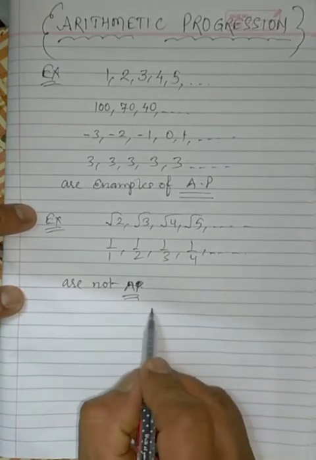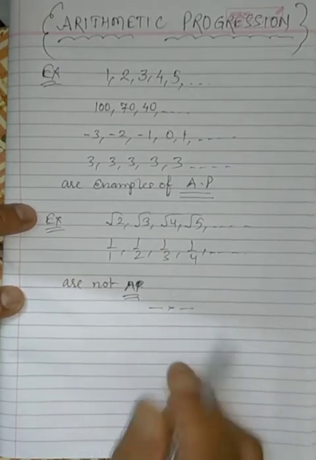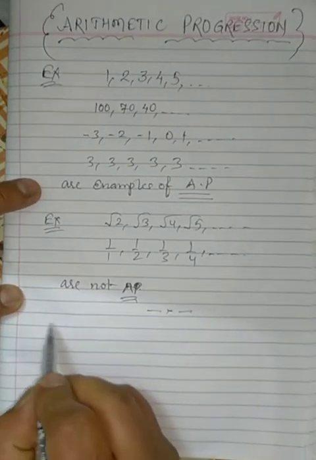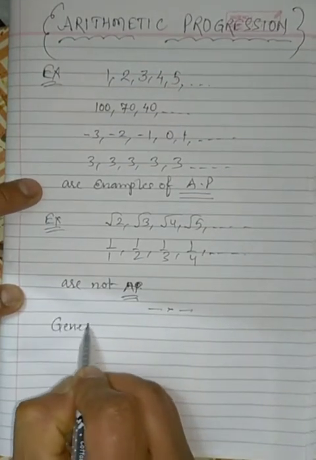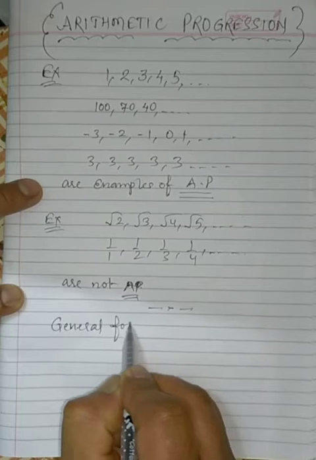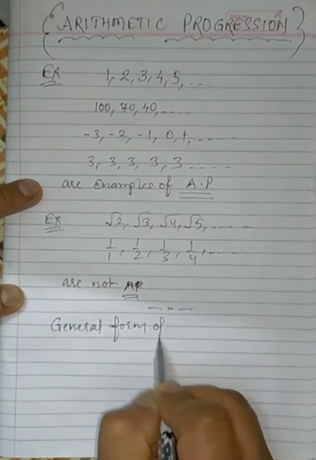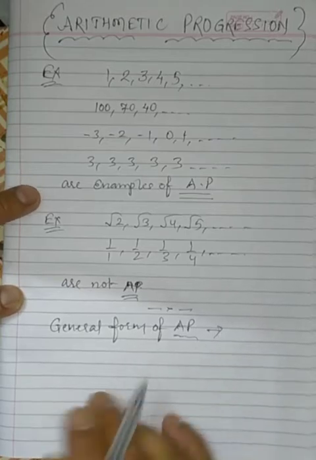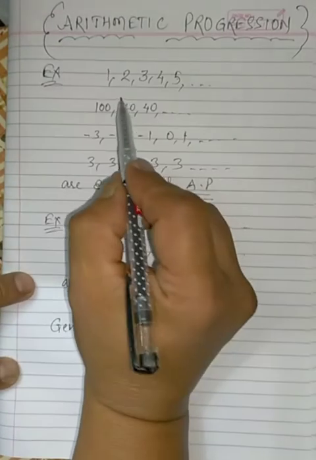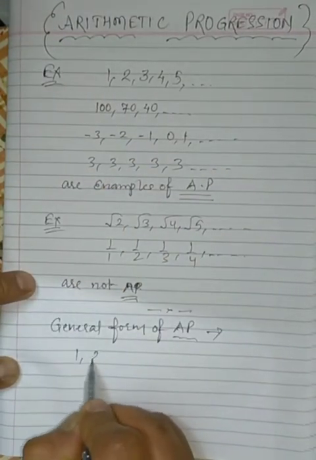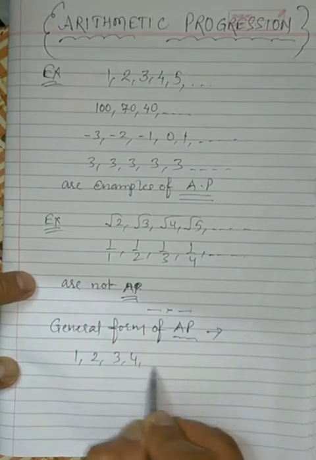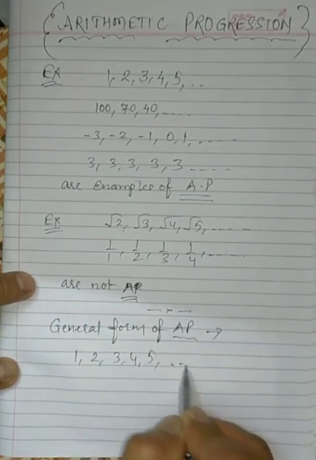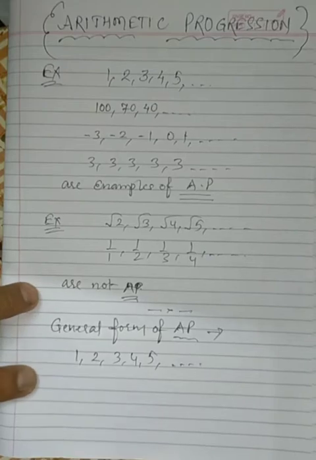So how can we define the AP in general form? The general form of arithmetic progression. Now to understand this, let us take an example like 1, 2, 3, 4, 5, and so on.